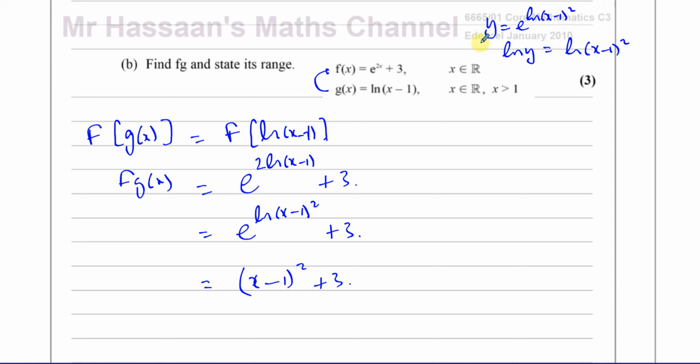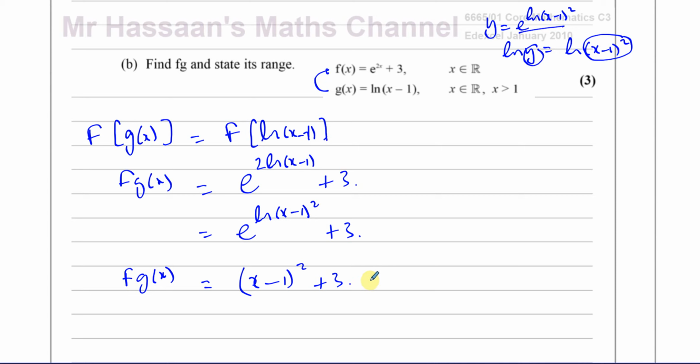You bring down the ln of x minus 1 squared, and you have ln e. Ln e becomes 1, so you're left with this. So if ln y equals ln of x minus 1 squared, then y must be x minus 1 squared. So this is the expression for the function fg of x, x minus 1 squared.